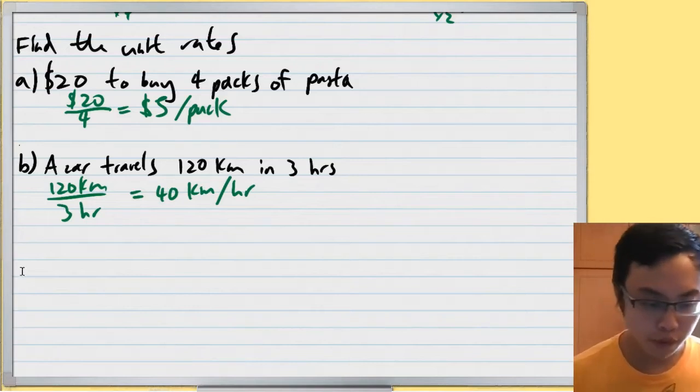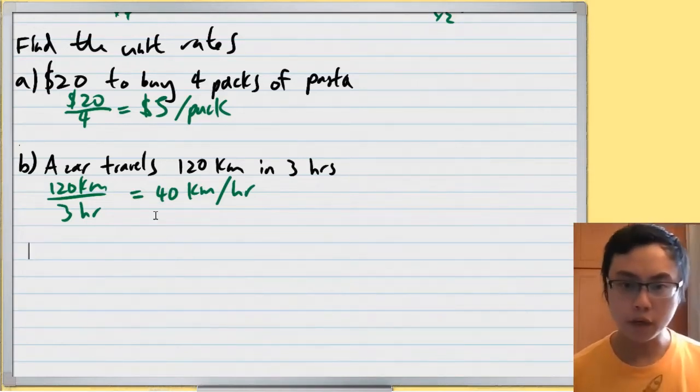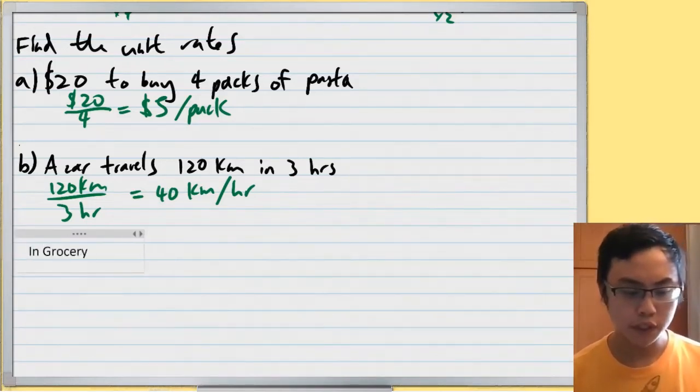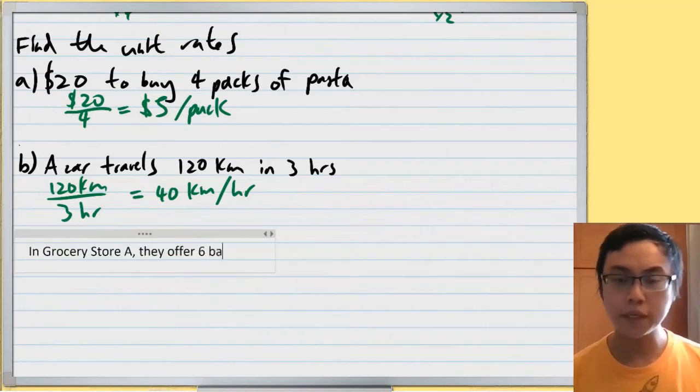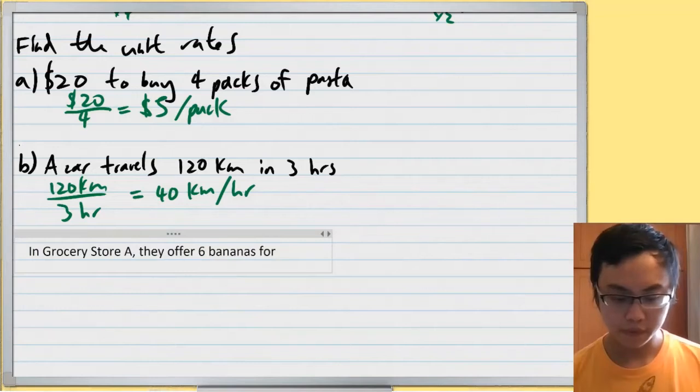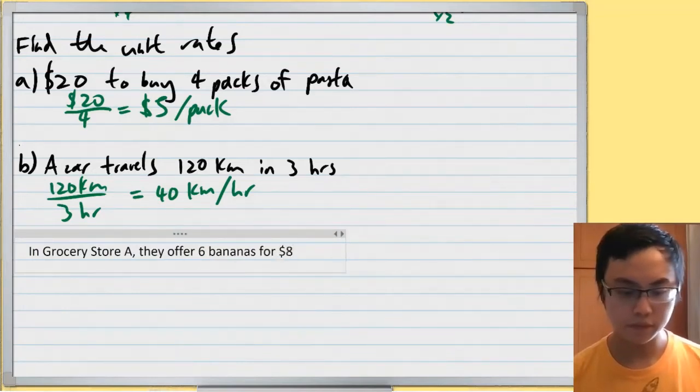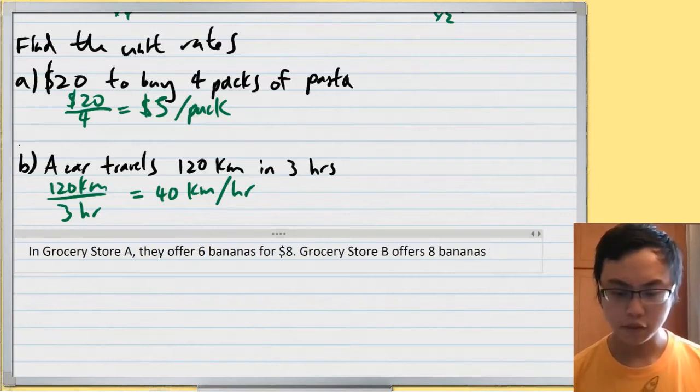So in grocery store A, they offer 6 bananas for $8. And then grocery store B offers, oh, let's change that up.